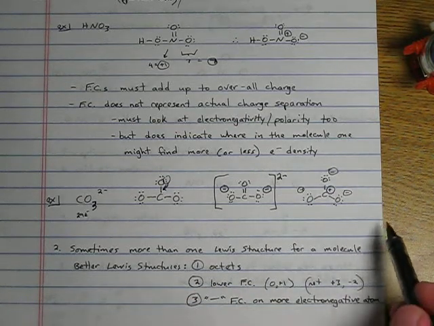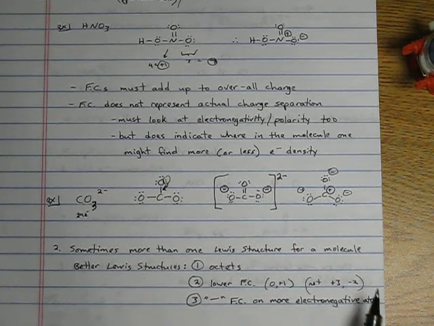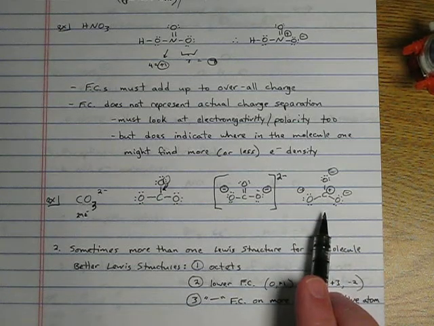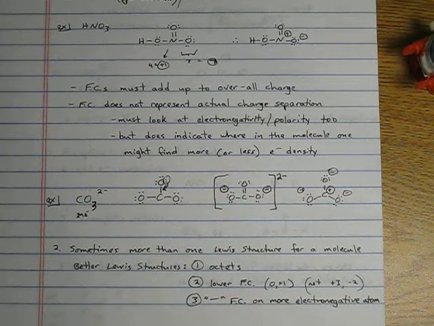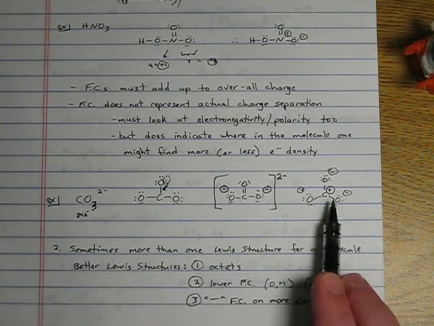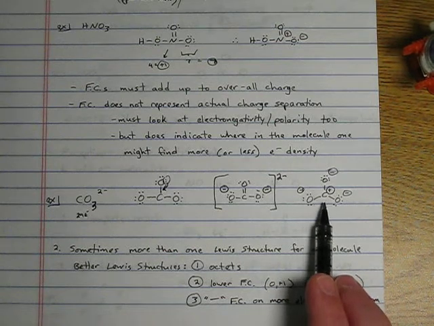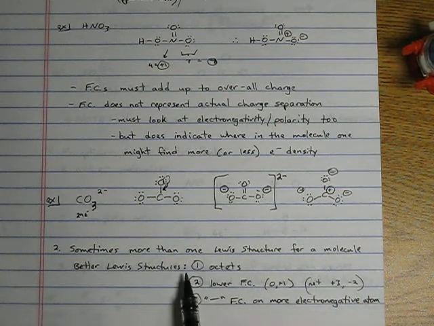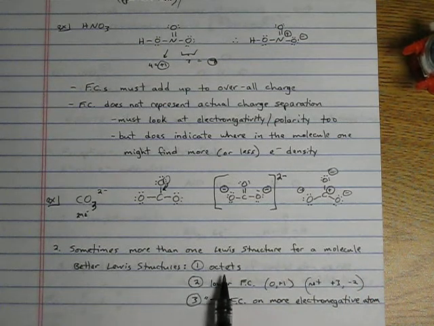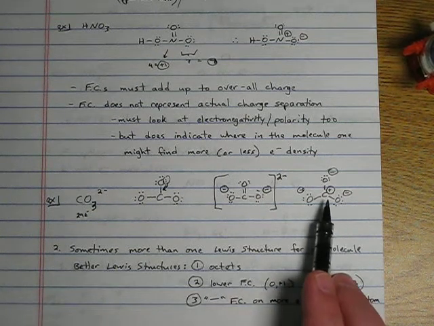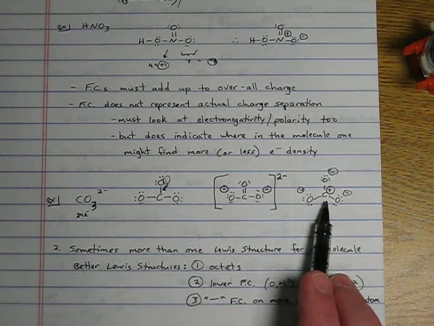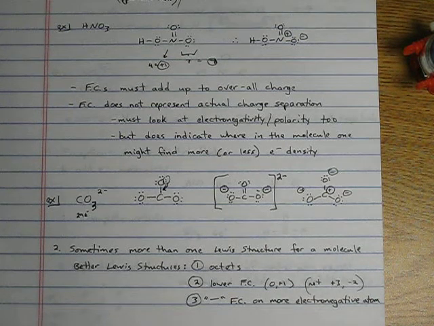And we look at that and we say, okay, what's wrong with this Lewis structure for carbonate? Why is this one so much better? Well, a few things. One, does this carbon have its octet? No, that carbon does not have its octet. Better Lewis structures have all the atoms having octets. So we can say this is not as good a Lewis structure because carbon does not have its octet. And look at the formal charges here.